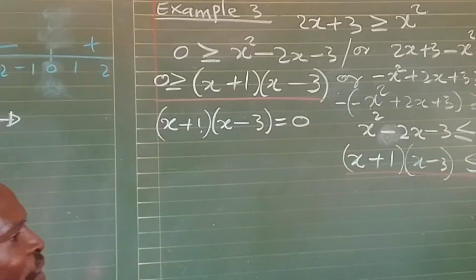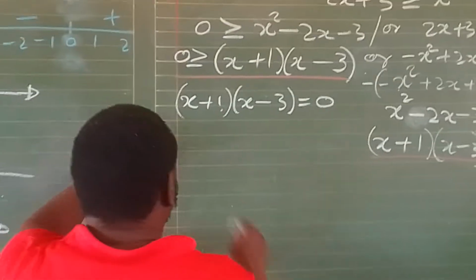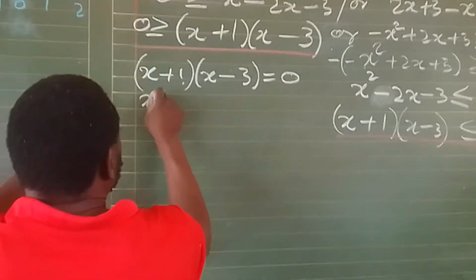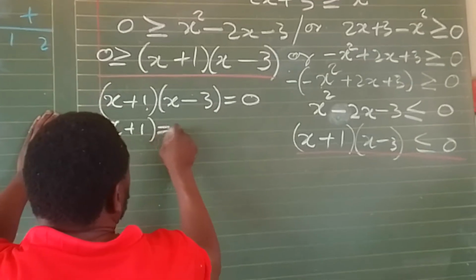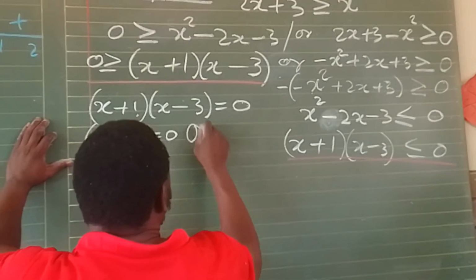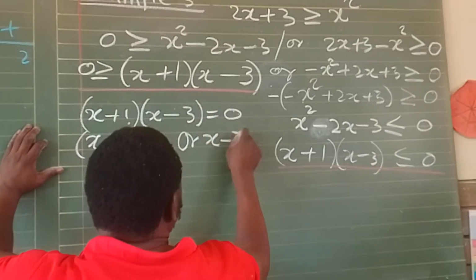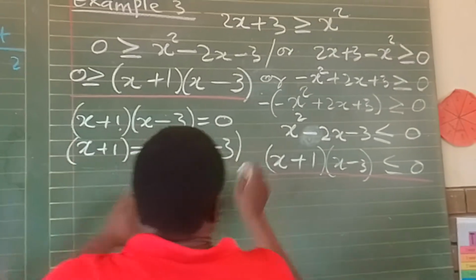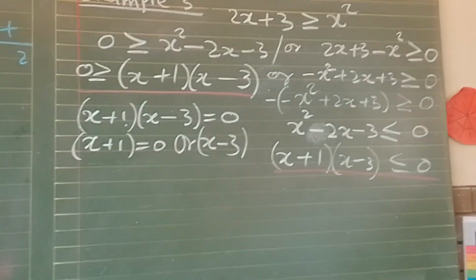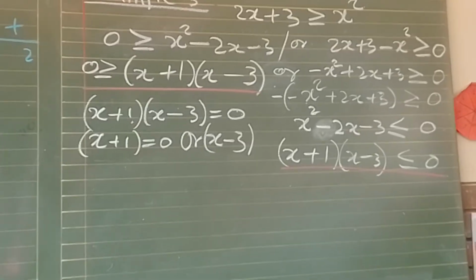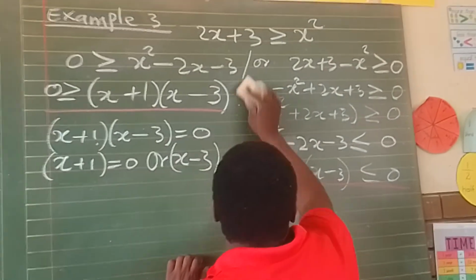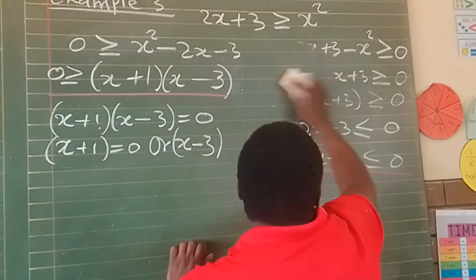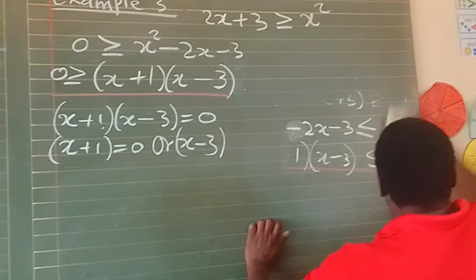You start applying your equal sign. Then x plus 1 is equal to 0, or x minus 3 is equal to 0. Right, we can take that out because we have proven that it does not matter which side you take, it will remain the same.